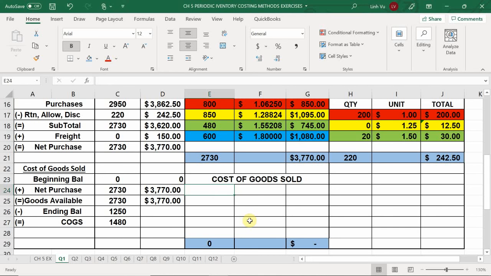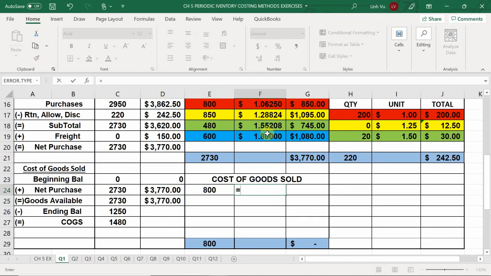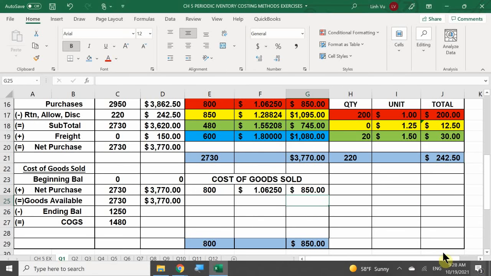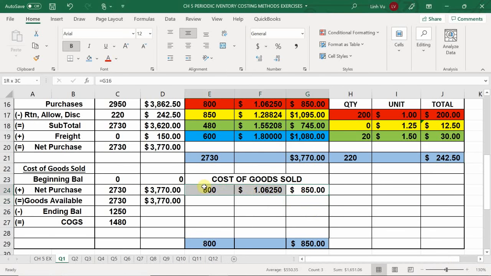The red one, because that's the batch that I purchased first. I'm just going to copy the information down because I sold a total of 1480, and this red batch only has 800 units in it.